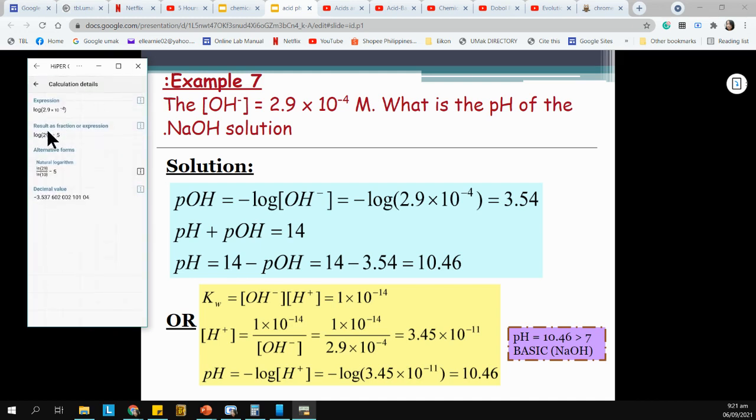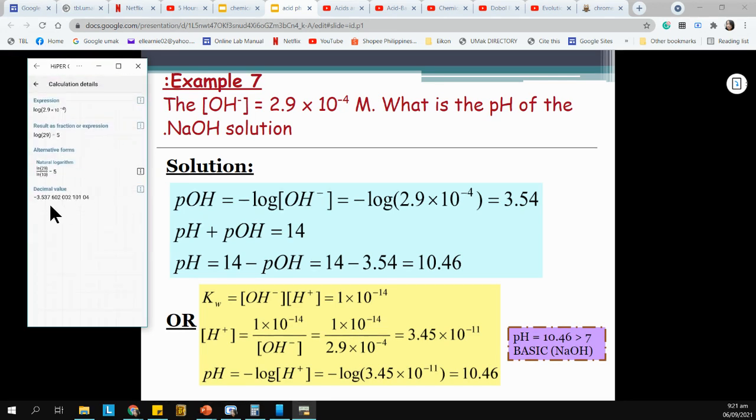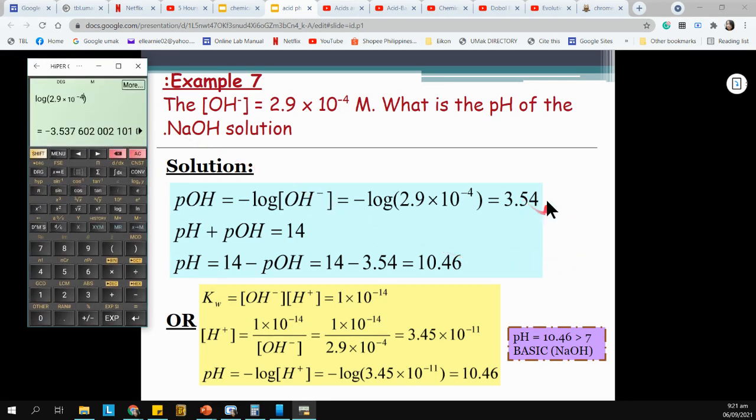So, para makita natin, ayan. Ayun pala, 3.54. Yan. Decimal value. Okay? So, yun yung kanyang POH. POH pa lang yan. Ang kailangan natin is the pH. So, since negative ang value mo dito, i-add mo na lang siya sa 14.